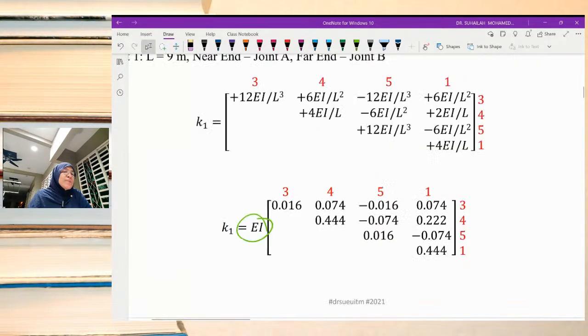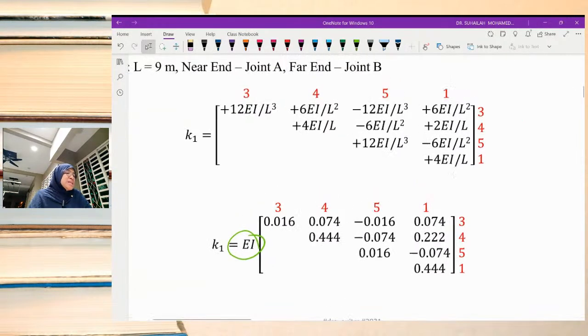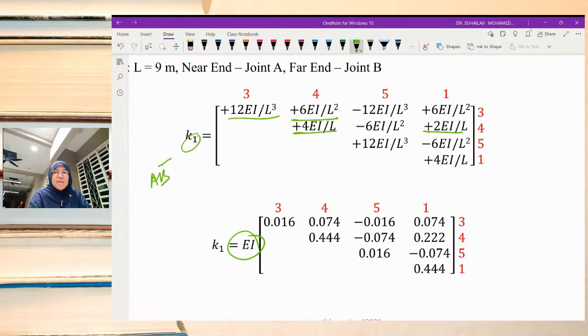So we just need to find 4 values: 12 EI over L cube, 6 EI over L square, 4 EI over L, and 2 EI over L. We use this formula to establish the element stiffness matrix for member AB. K1 is for member AB.